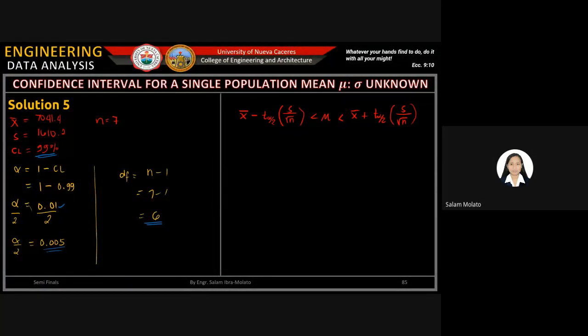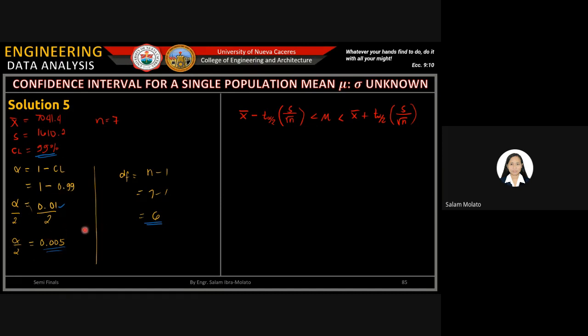But this may not be necessary if given na yung CL. Kasi dun sa table, pwedeng ito na lang gamitin. Tama? So, I'll just show to you how to compute for alpha over 2 so that in case wala sa table yung 99%, kasi may mga table na hindi given. Maganda yung table na gamit natin kasi lahat given. Pero merong mga table na hindi given yung value ng 99% sa table. So, kailangan nyo pang i-compute yung alpha or alpha over 2. So, at least you know how to compute it.